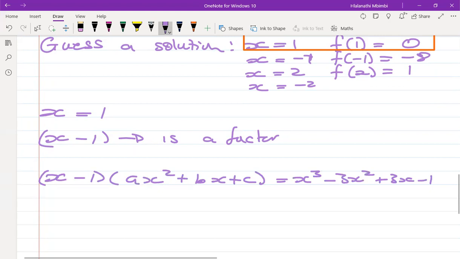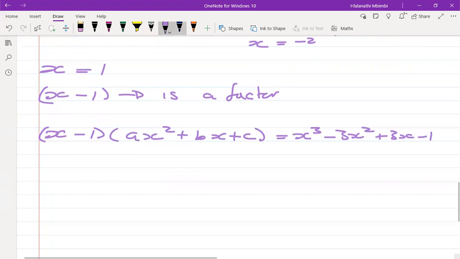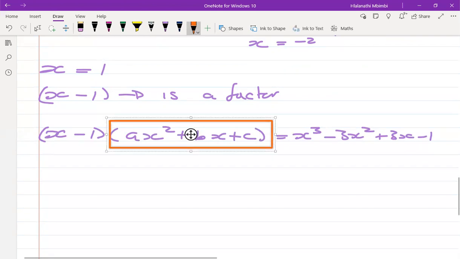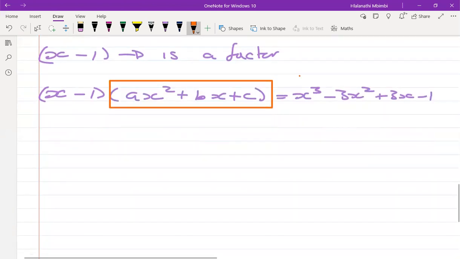Do we see that? So now our task is to find that. If we find that, we are very close. We can factorize it further, and our life is simple.